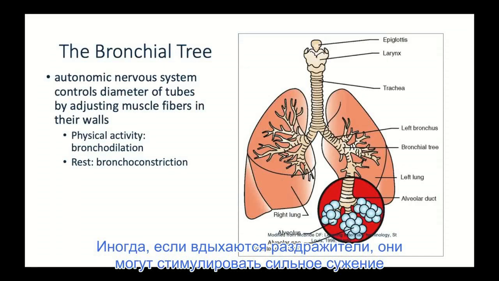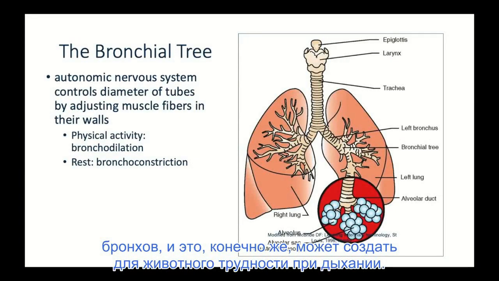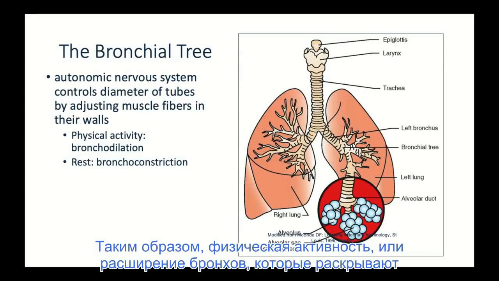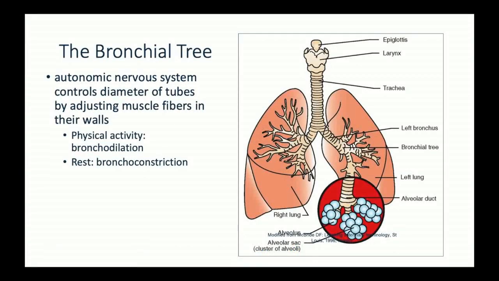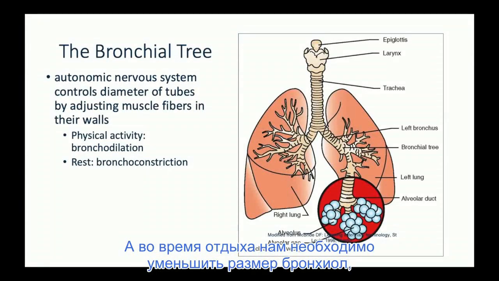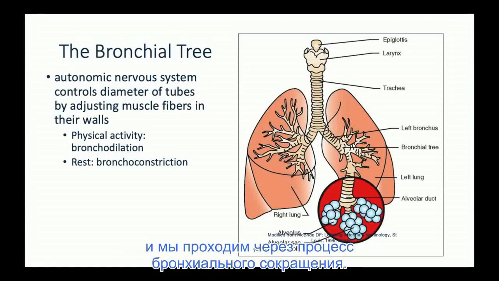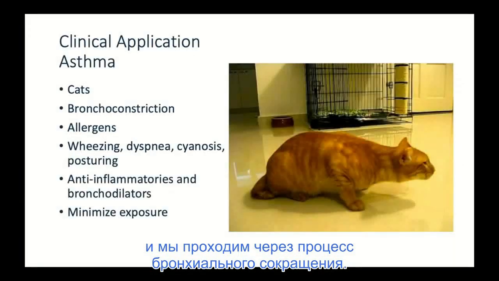Sometimes irritants inhaled can stimulate severe bronchoconstriction, and that can make an animal, of course, have a really hard time breathing. So with physical activity, we're getting bronchodilation, which opens up those bronchioles, ensures that air has an easy time coming into the lungs and into the alveoli. And during rest, we want to reduce the size of the bronchioles, so we're going to undergo bronchoconstriction.